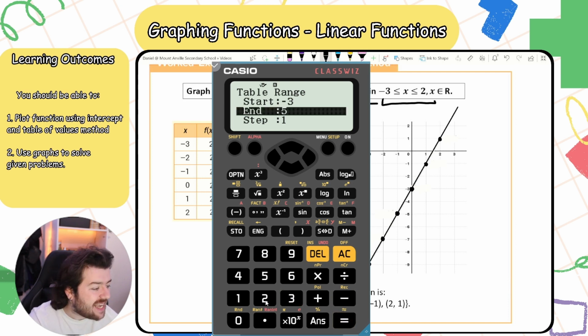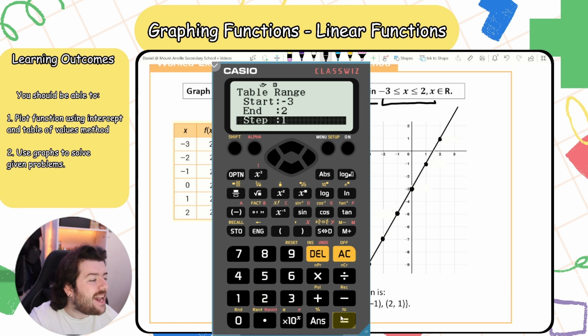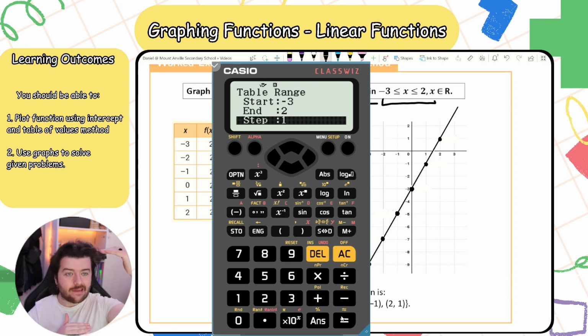I'm ending at 2. And then step, what does step mean? Step just means we are going up in ones. When you get to cubic equations, you might have to go up in halves. But in this case, we're just going up in ones. So it'd be minus 3, minus 2, minus 1, 0, 1, 2. There you go. Click equals.